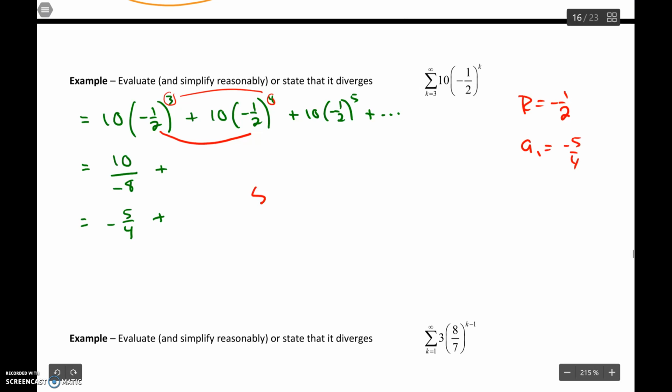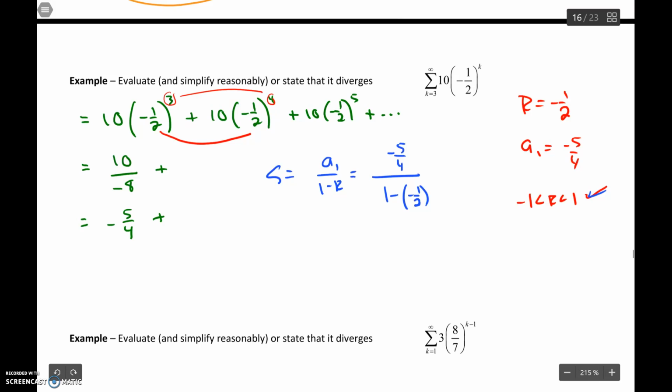So first of all, does the infinite sum exist? Well, is R between 1 and -1? -1/2 is between 1 and -1, so we're good. So that means this sum, I don't need to write it like that. My infinite sum is equal to a1 over 1 minus R. So -5/4 over 1 minus -1/2.